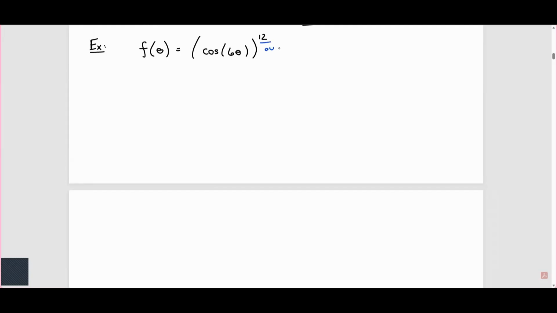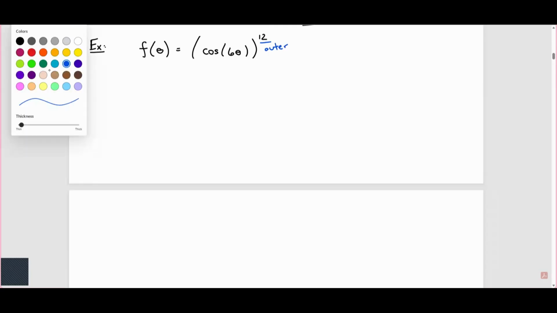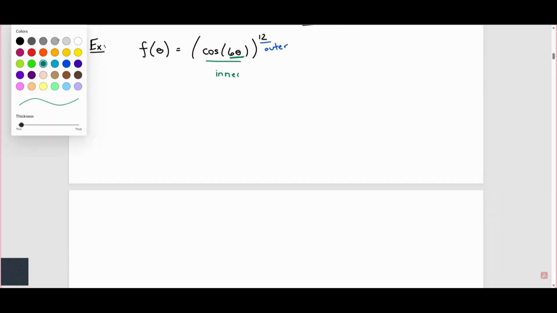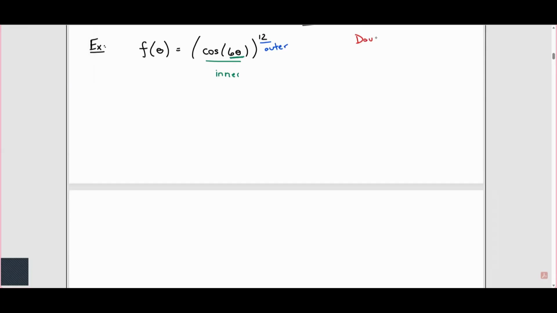This is my outer function. Then my inner function would be the cosine of 6 theta, right? This is inner. But it kind of seems like I have a second inner function. So let's deal with that as we go, okay? So this one is going to be, I like to call it a double chain rule. Or if you'd like, a multiple chain rule or a multi-chain rule.